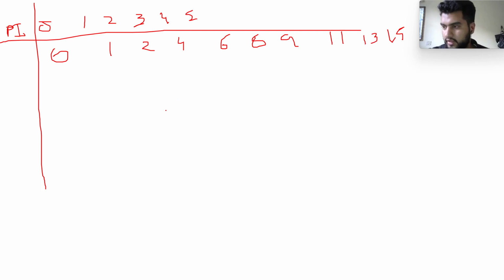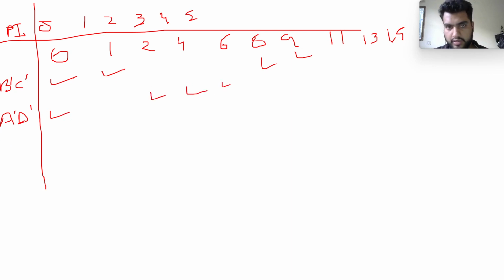And I have this term B complement C complement, that is taking 0 1 8 9. Then I have this term A complement D complement, that is taking 0 2 4 6, and then I have AD, which is taking 9, 11, 13, 15.